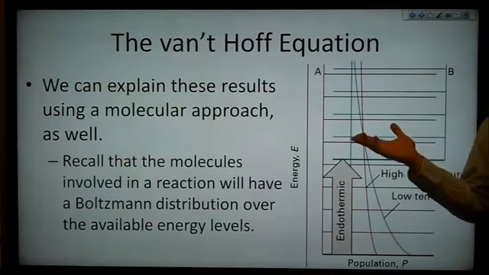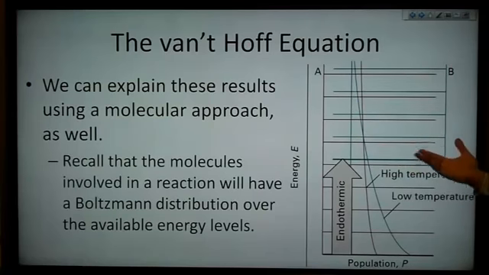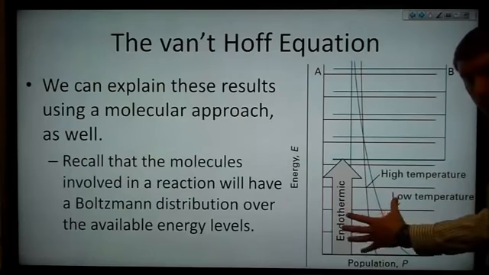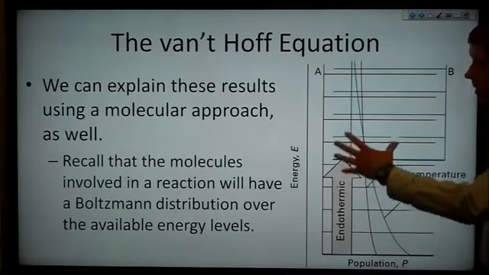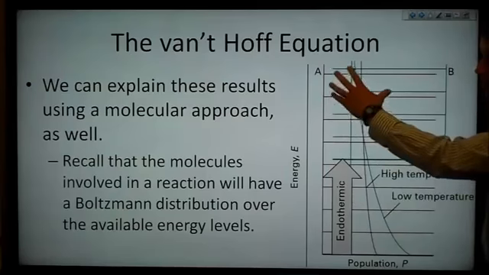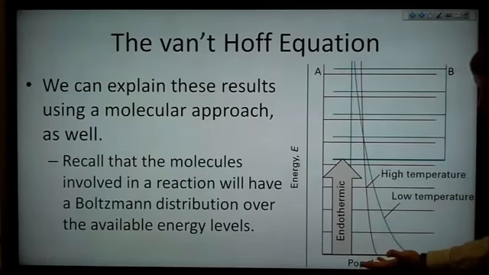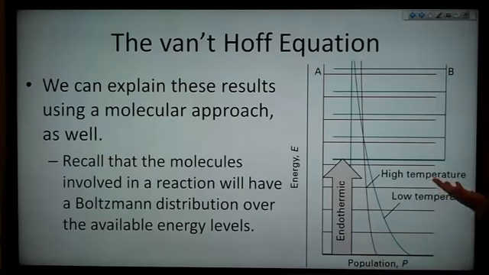So, again, we can explain these results using a molecular approach. Remember that the molecules involved in a reaction can have a Boltzmann distribution over the available energy levels. In this case, we have a Boltzmann distribution amongst the energy levels, the microstates of A. Note that A has a lower minimum energy here than B does.